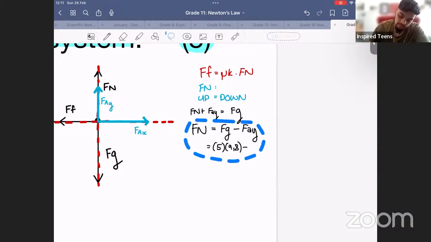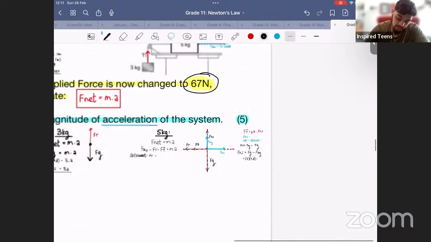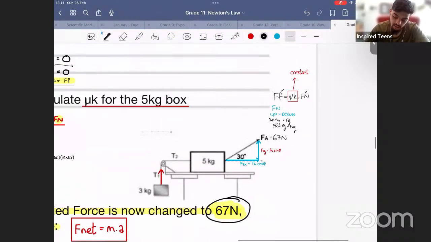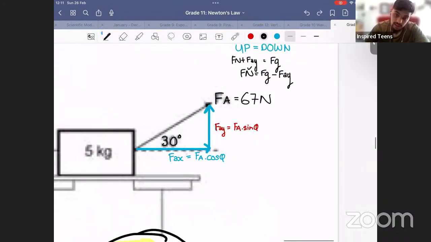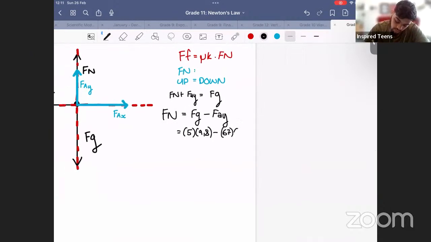Fay is 67 times sine 30. When I calculate 5 times 9,8 minus 67 times sine 30, I get 15,5. The normal force is now 15,5.